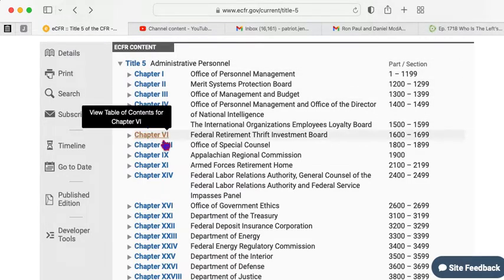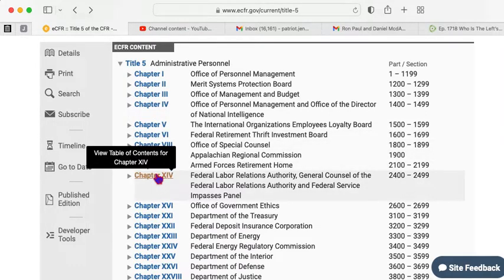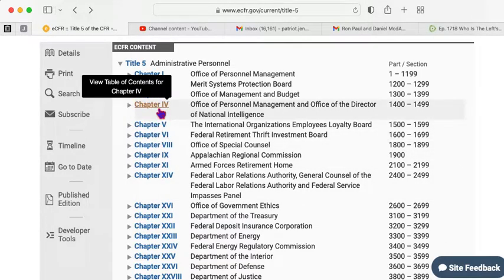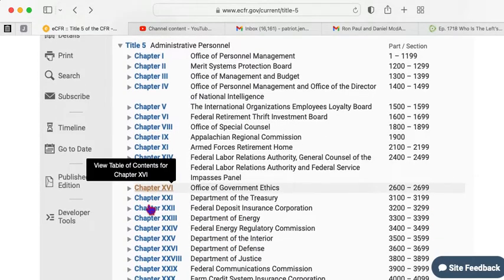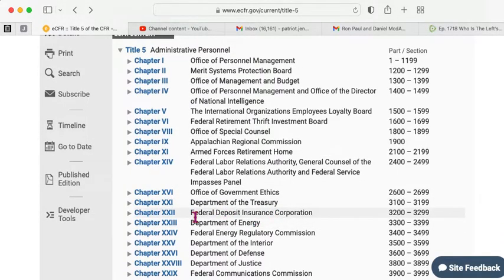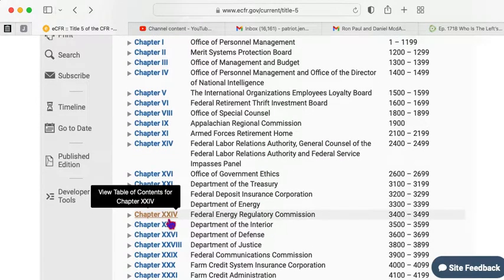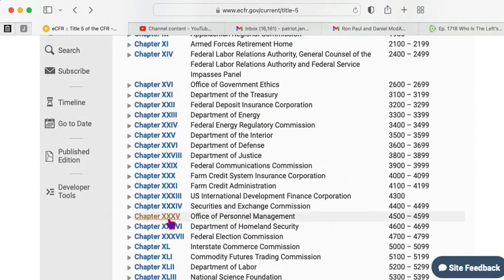So when we go to the Code of Federal Regulations for Title V, we see that they have their, I think it's the Internal Revenue Code. Let's see, Federal Deposit Insurance Corporation. It's only federal people that are required to have their pay directly deposited.